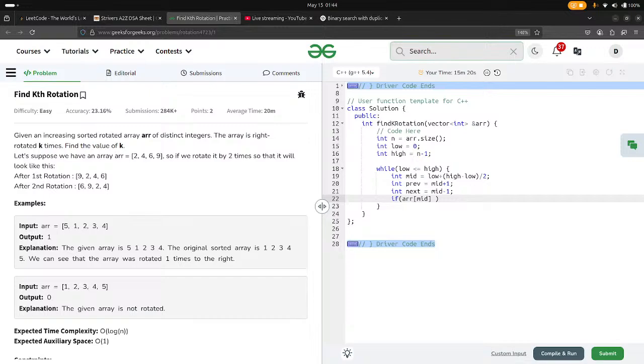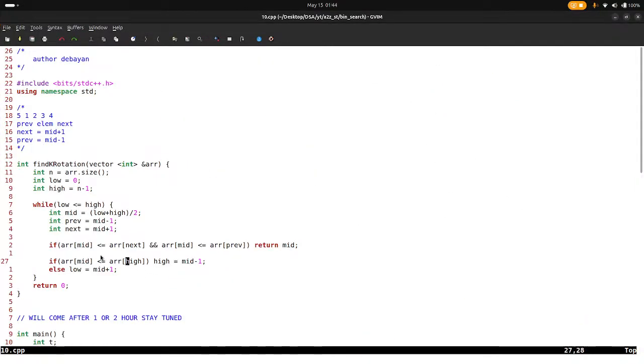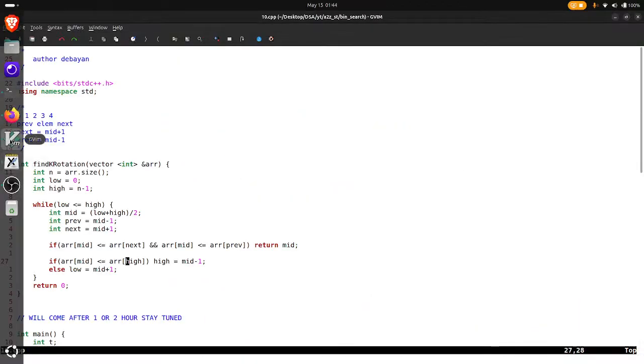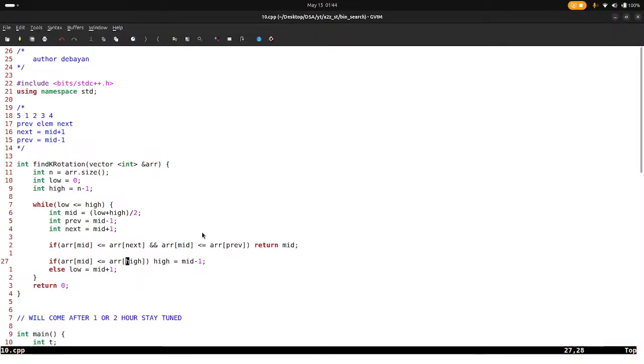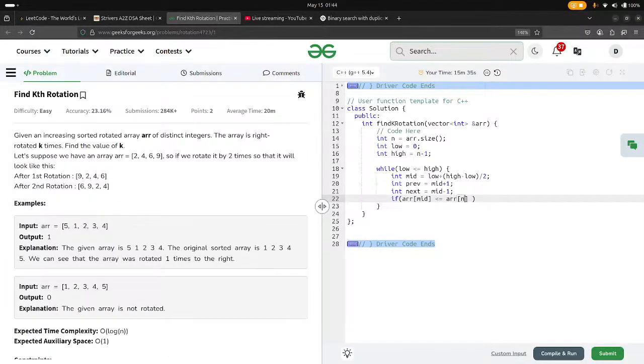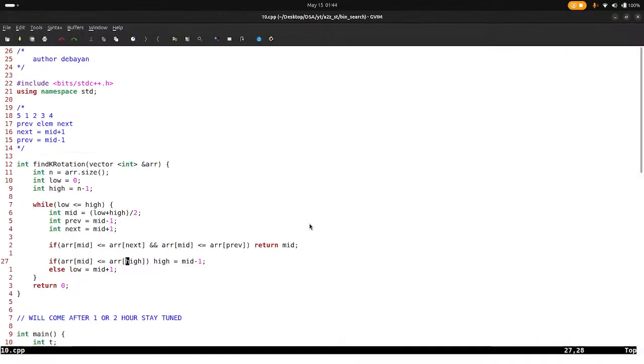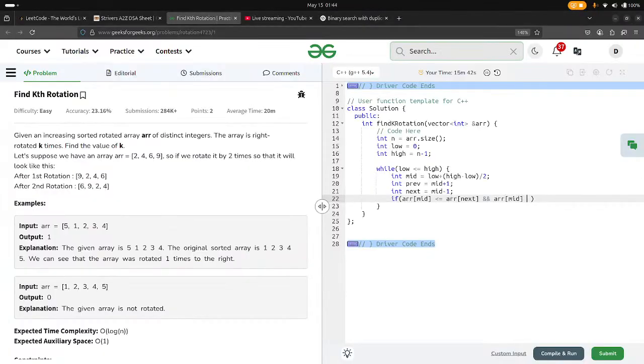If array of mid is less than or equal to array of next, and array of mid is also less than or equal to array of high, not previous, then I will return my mid.